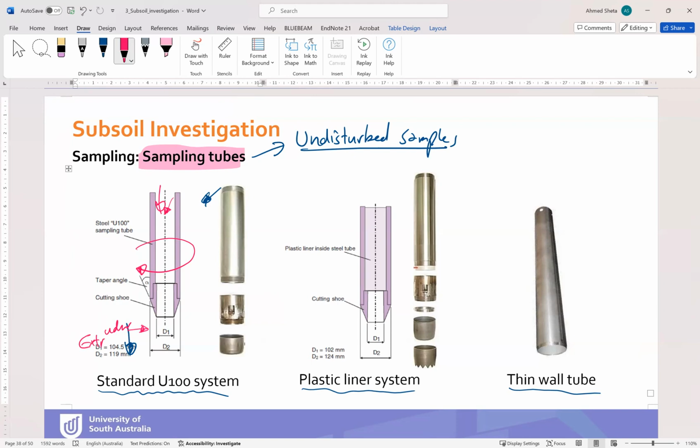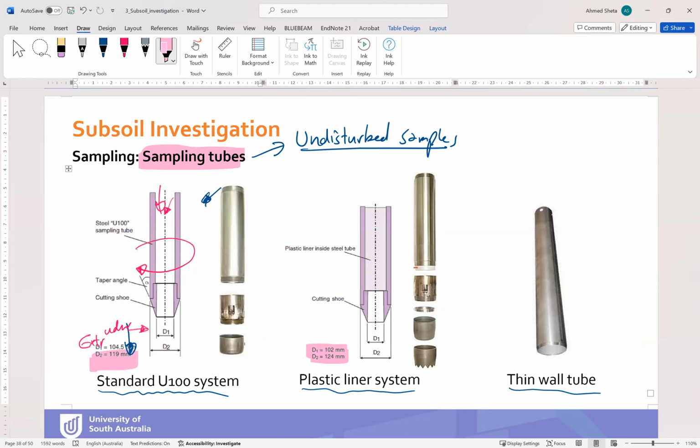Okay. All of them use the same technique to fill with soil. The difference is the dimension. This one is longer but narrower, and this one is shorter but the diameter is wider.